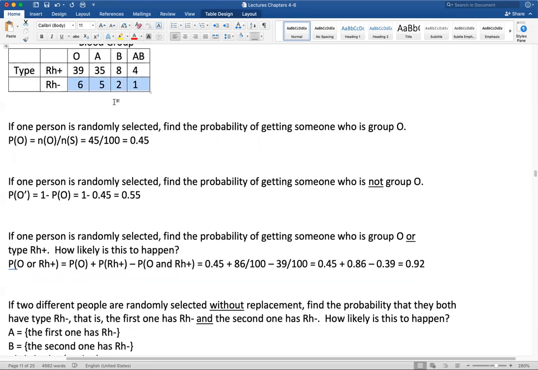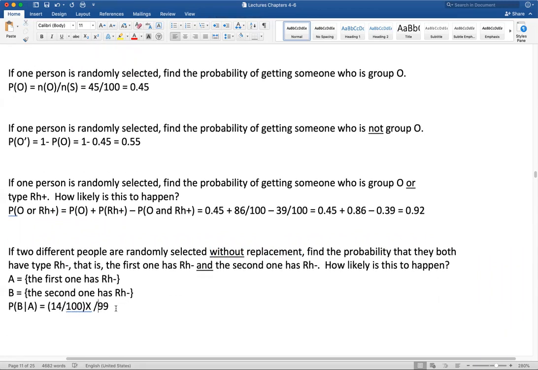Of course, we picked one person whose blood type is Rh minus in event A, and we don't allow replacement. So this is going to be not 14 but 13. Here we just calculate it, and I got 0.184 approximately.